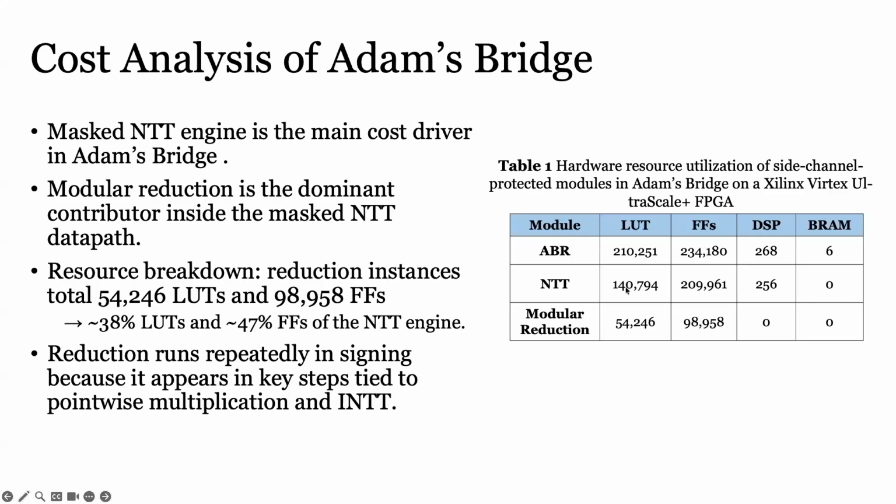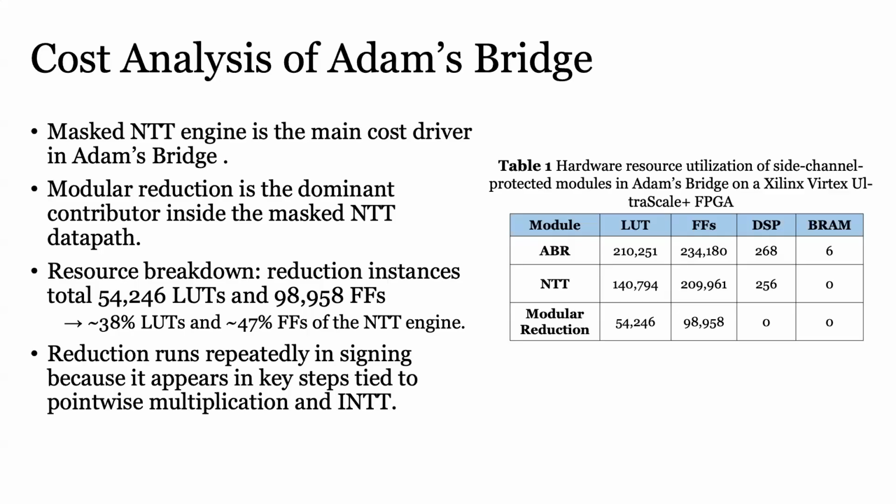Almost more than half is coming from NTT. And the modular reduction, such a small part of the design, is covering 1/3 of the LUT area in NTT. So it is really big. It is 38% of LUT and 47% of flip-flop in the NTT engine, which is pretty big.